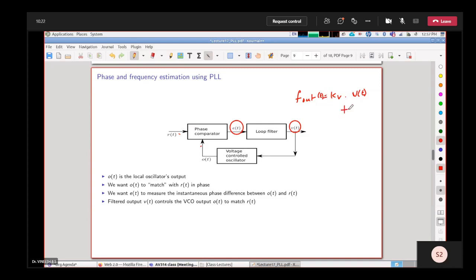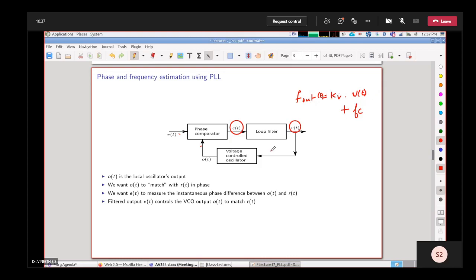Usually there will also be a free running frequency. This is the frequency at which the voltage controlled oscillator will produce a sinusoidal signal if there is no input signal, that is, the input v(t) is 0. Otherwise you will get a variation in the output signal.